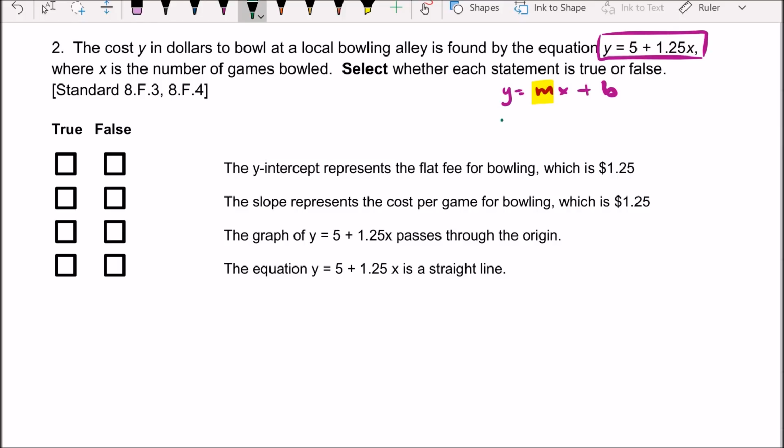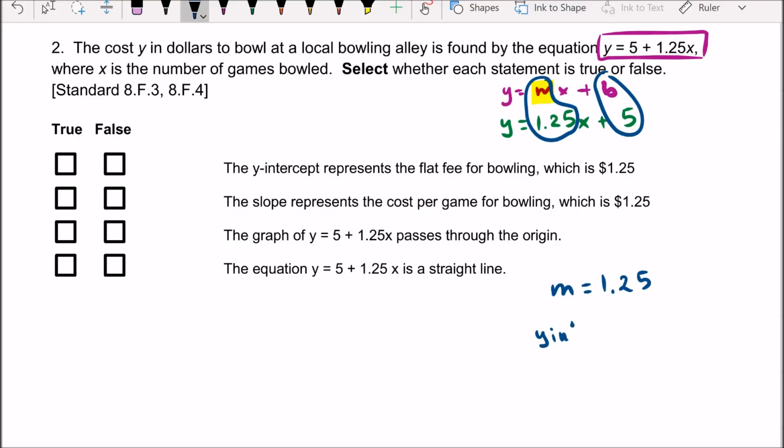So I'm going to rewrite this y equal to, instead of 5 plus 1.25x, I'm going to put 1.25x plus 5. By writing it this way, you will see that the slope is 1.25. Write down m equals 1.25, and your b, or your y-intercept, is 5, or we can also write it as 0, 5.